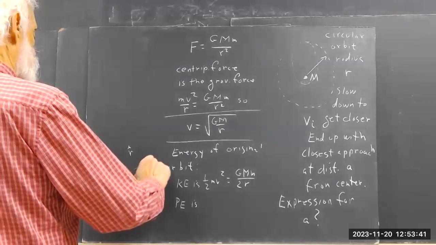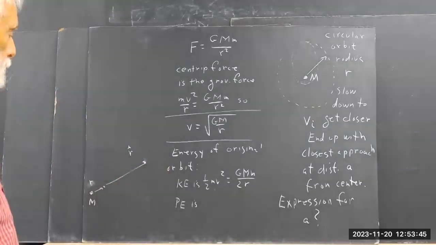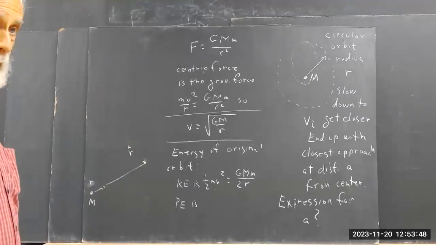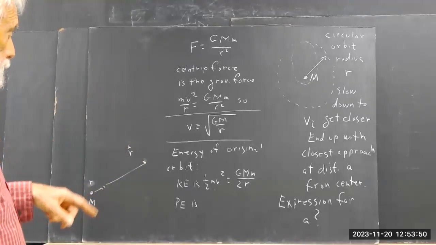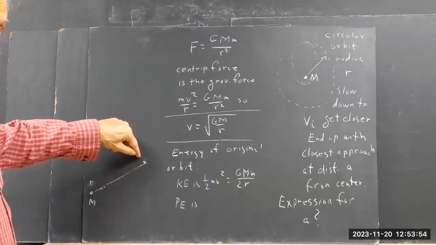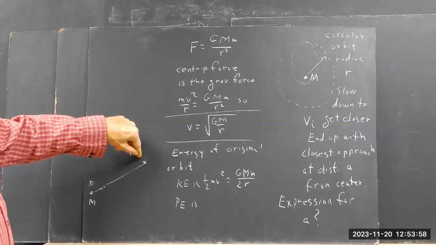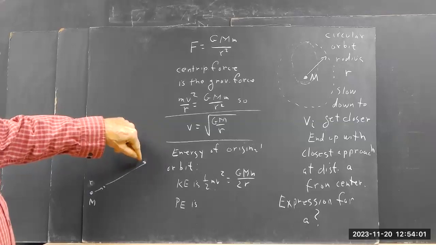If we go from here to there along a straight line, it doesn't matter whether we go along a straight line or something else, because the gravitational force is conservative. So getting from here to there takes a certain amount of work against the gravitational field, no matter what our path.